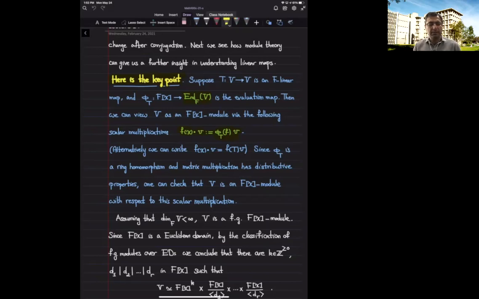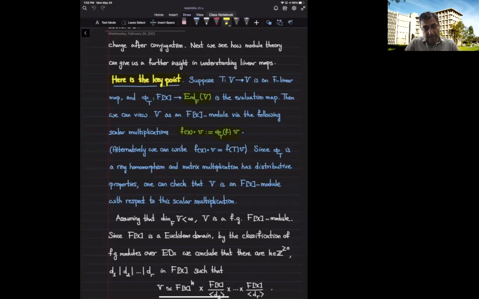When we take a basis for the vector space and view endomorphisms as matrices, this is essentially multiplication of matrices. Or when we take the point of view of endomorphisms, it's better to say that we are applying this endomorphism to v. It is rather easy to check that it satisfies all the properties of scalar multiplication of modules, and that means V is an F[X] module.